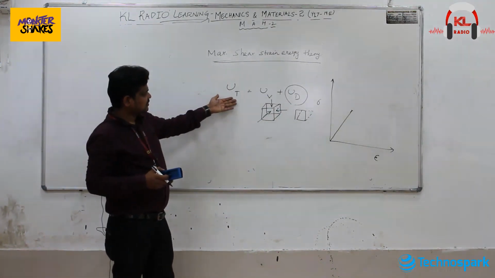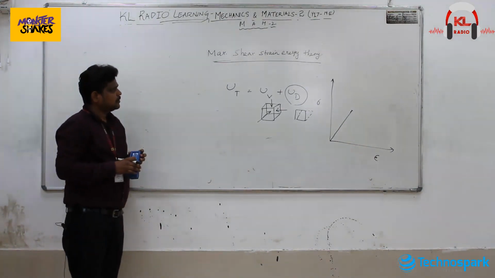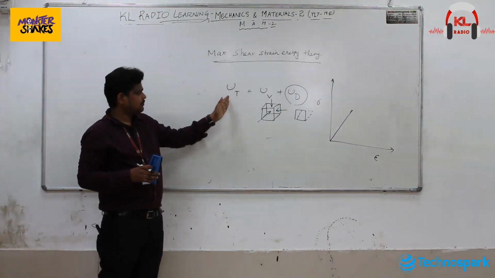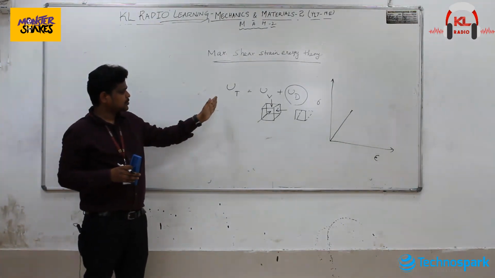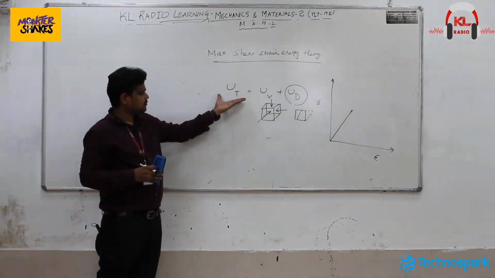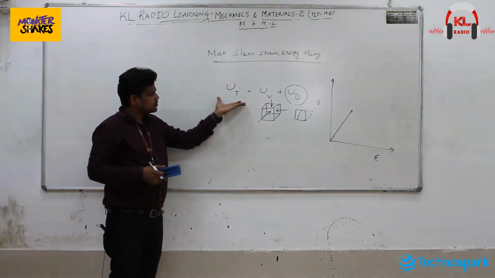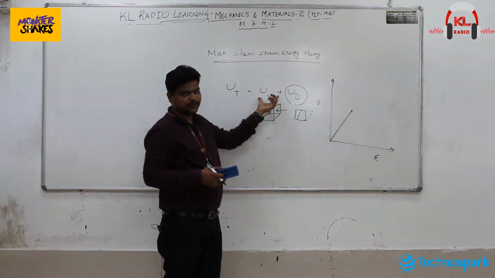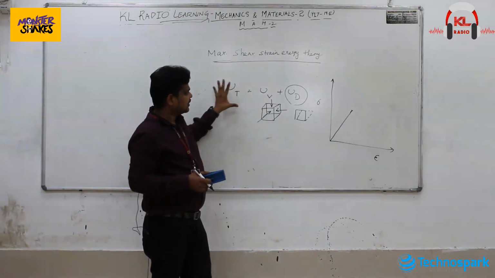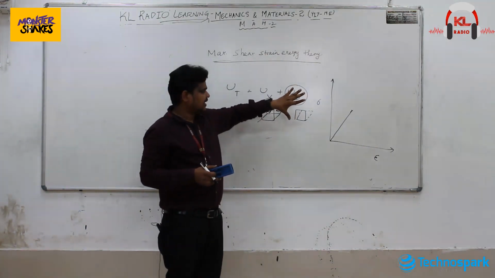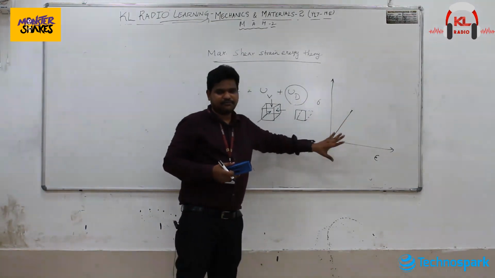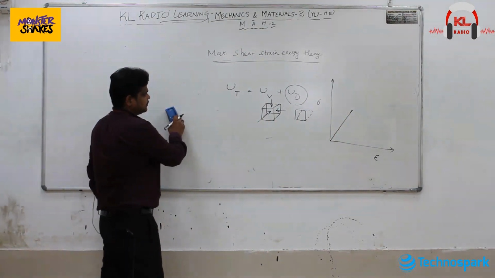The total strain energy, which we have just seen, is half of sigma 1 epsilon 1 plus half of sigma 2 epsilon 2 plus half of sigma 3 epsilon 3, which we already know from the previous class. I'll calculate the volumetric strain energy, and if I subtract it from the total strain energy, I will get the distortion energy. Then we'll compare this distortion energy of a biaxial case with the uniaxial case and find the region of safety. Right.